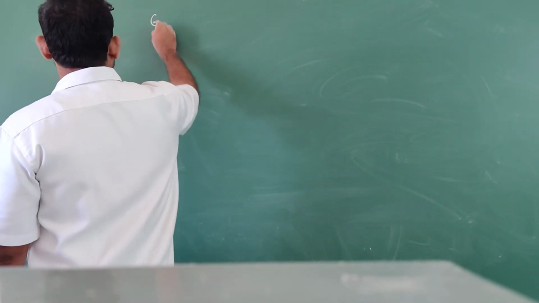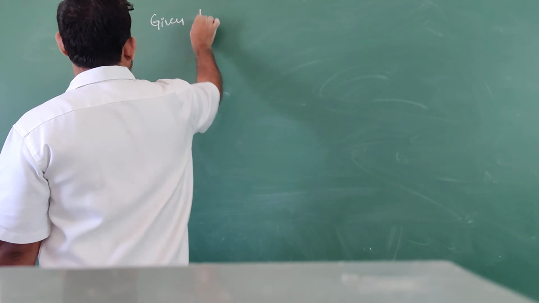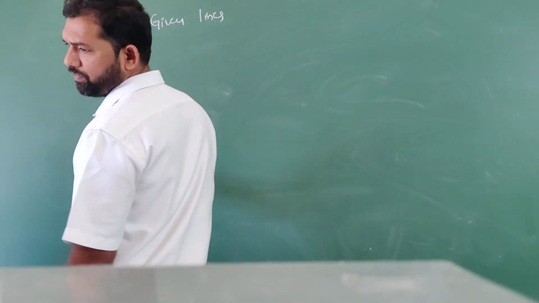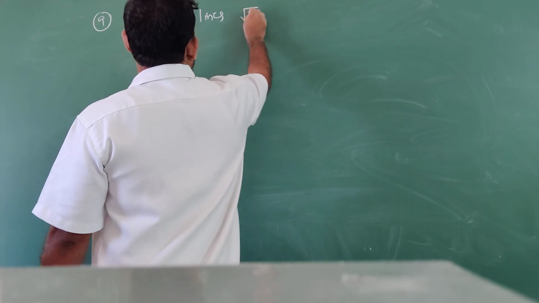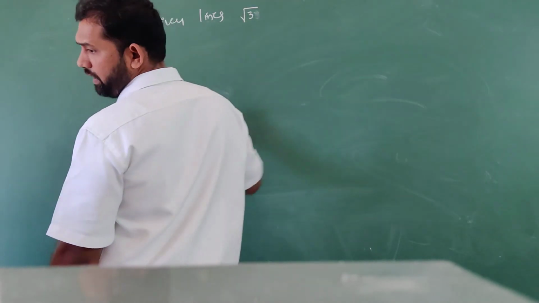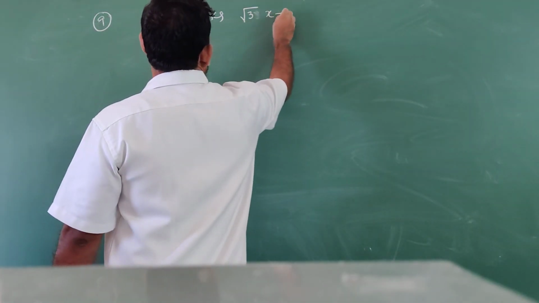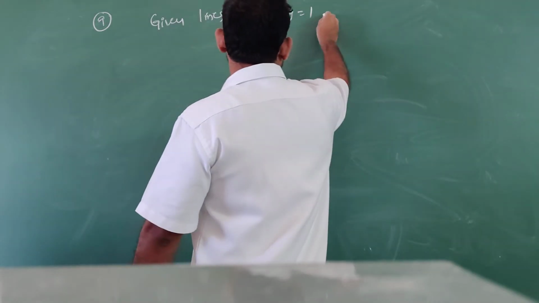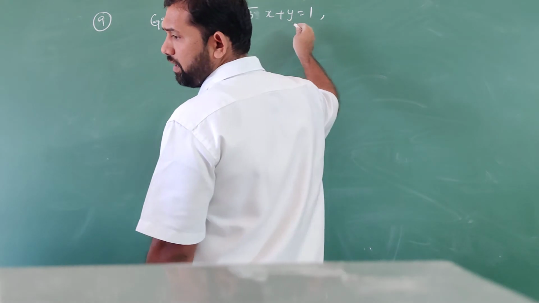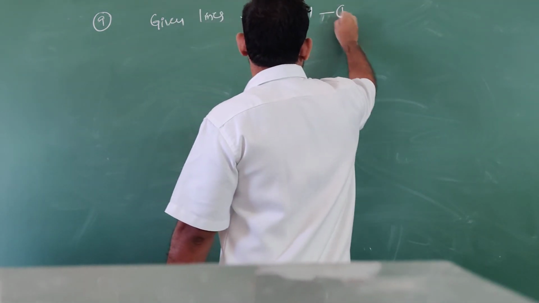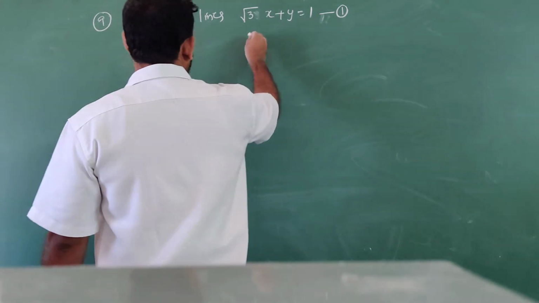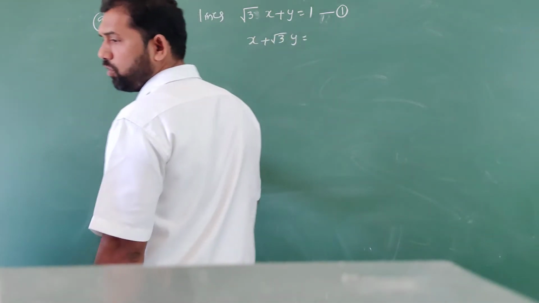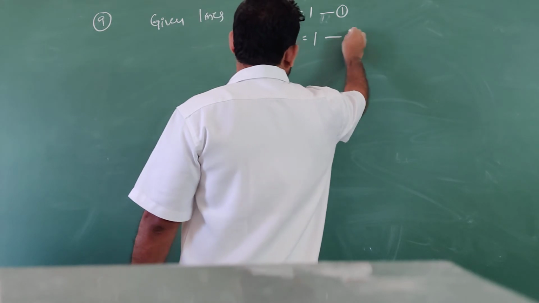So given lines: root 3 into x plus y, it is equal to 1. This is equation number 1. Next, x plus root 3y, it is equal to 1. That is equation number 2.